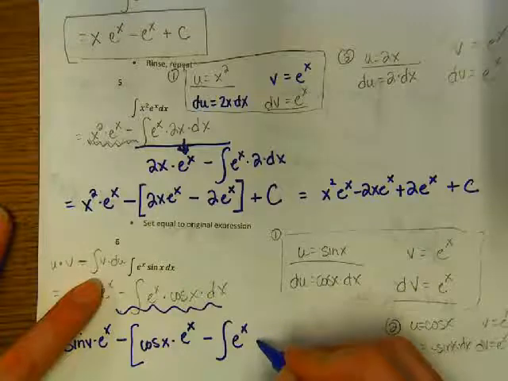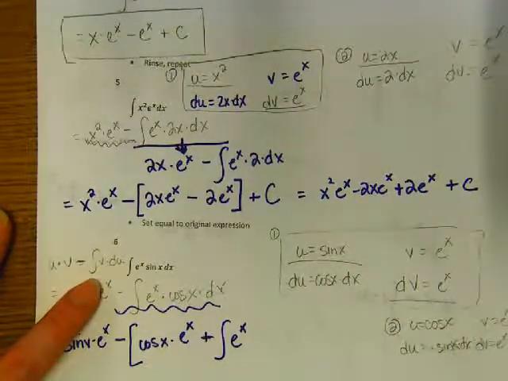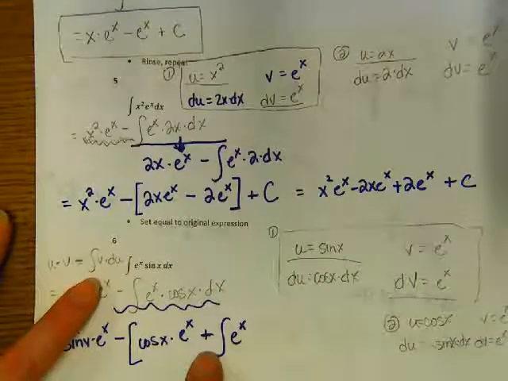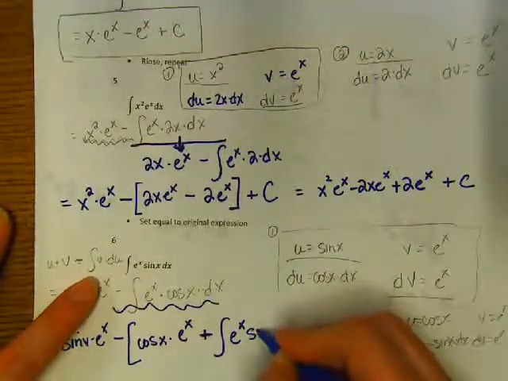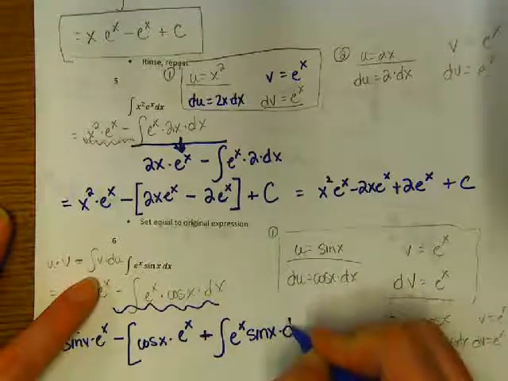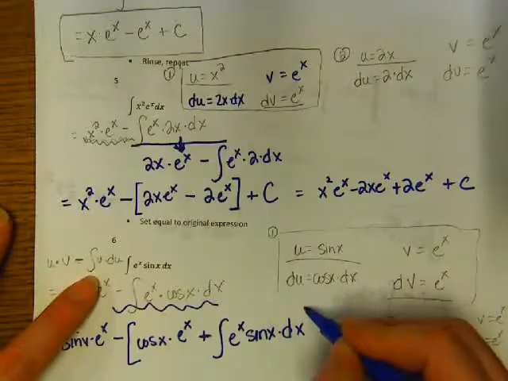Did you guys see what I just did? Just pulled it out to the front and made it a plus. Okay. So, are we all comfortable with that so far?